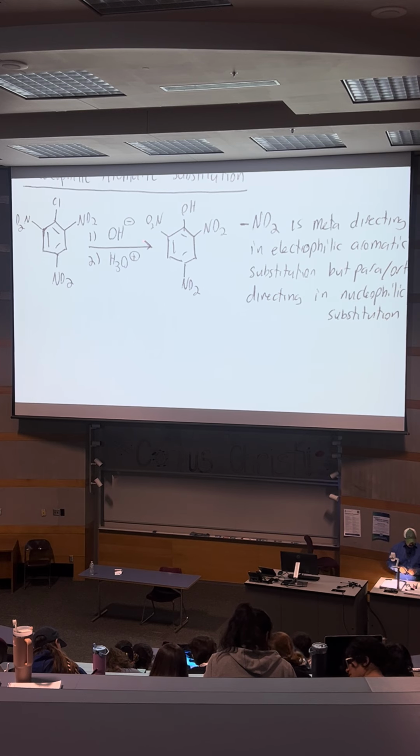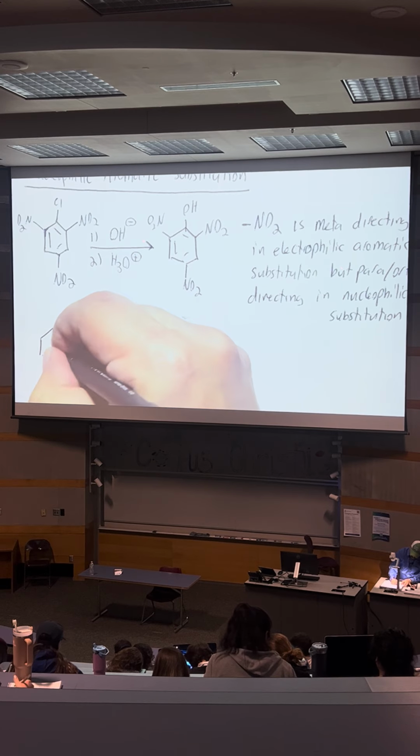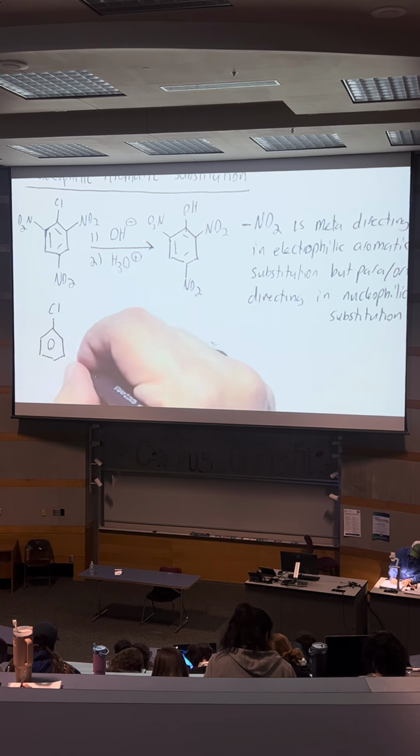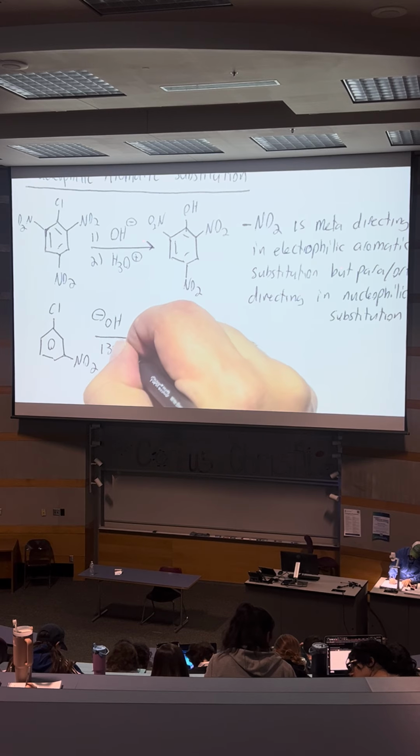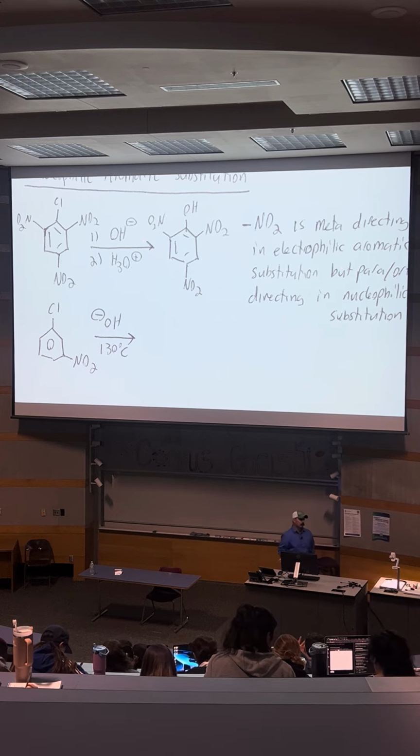And so to give you an example of a reaction that wouldn't work, this would be the substrate. All right, so trying to convert that chlorine atom to an alcohol is not going to work because the nitro group under these conditions would be ortho-para directing.